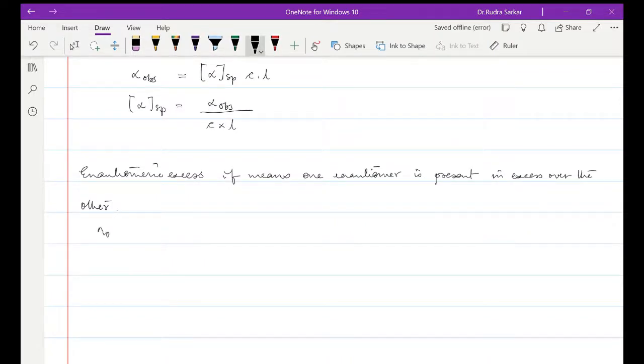Now the percentage of enantiomeric excess, how to measure?